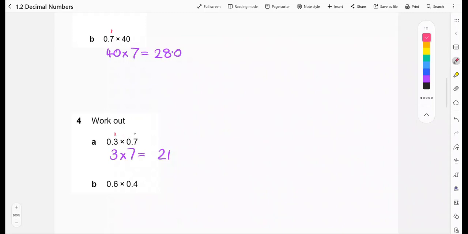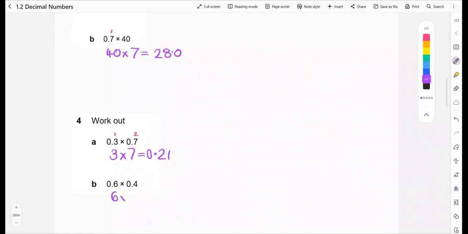I have 1 there, and I have 2 there. That means I should have 2 digits after the decimal place in my answer. So I can place it there. But currently that answer is looking a bit strange. So therefore, we have to add in the 0 that would be before that decimal point, leaving us with an answer of 0.21.